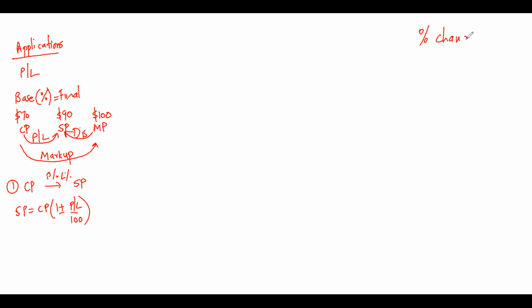The percentage change expression is that whenever X changes by A%, the resultant Y is X into 1 plus A by 100. And that is exactly what I'm doing here. Whenever you change the cost price by P%, the resultant selling price is cost price into 1 plus P over 100. Does that make sense, guys?